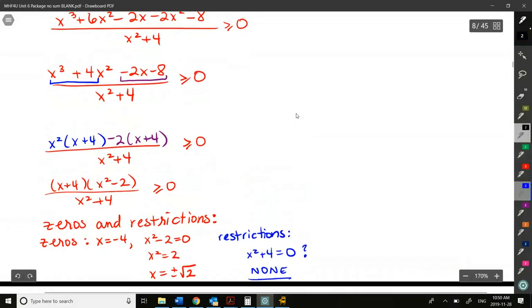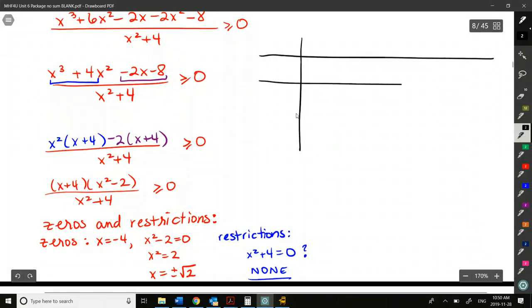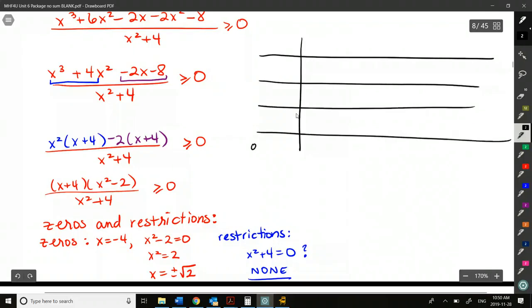Okay, so let's set up the sign chart. I'm going to have 3 x-intercepts along here.